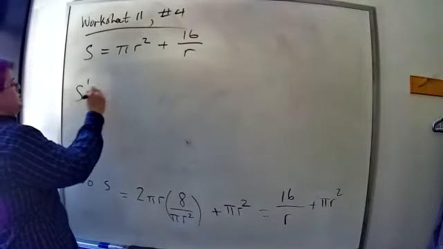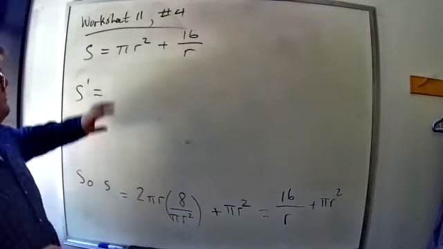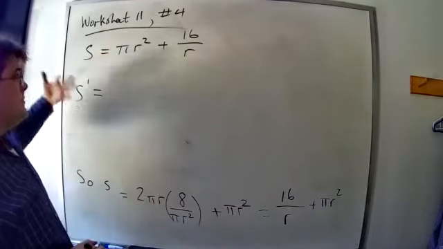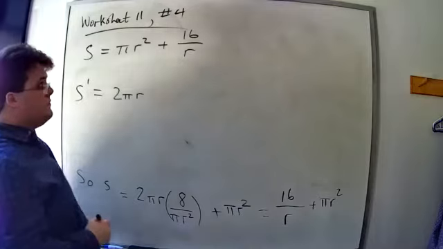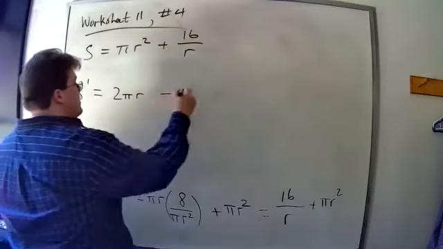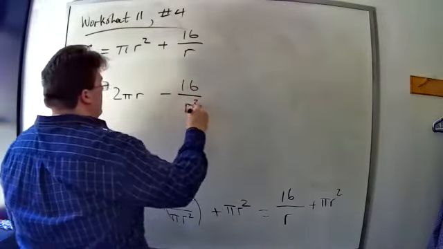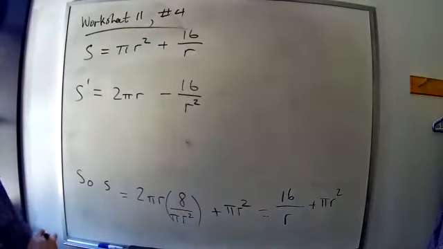So S prime is what? Well, derivative of r squared with respect to r, 2r. Derivative of 1 over r, negative 1 over r squared. So negative 16 over r squared.